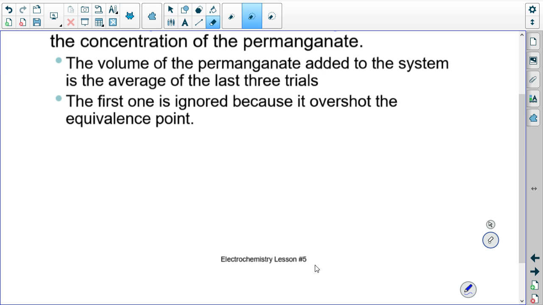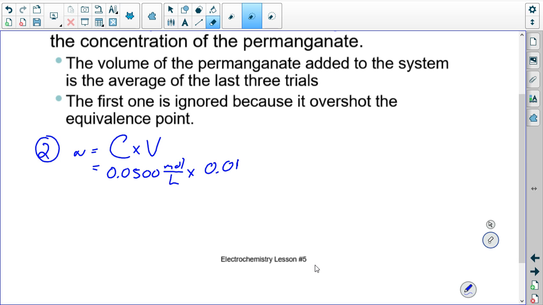So step 2, number of moles is equal to concentration times volume. So we had concentration of 0.05 moles per liter of our tin 2, and we have 0.01 liters.